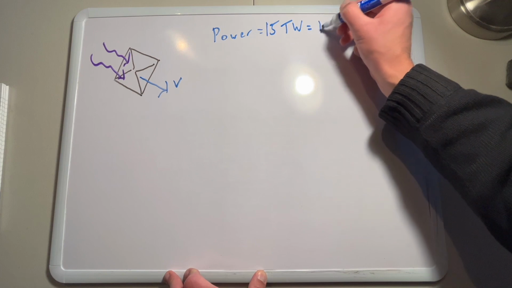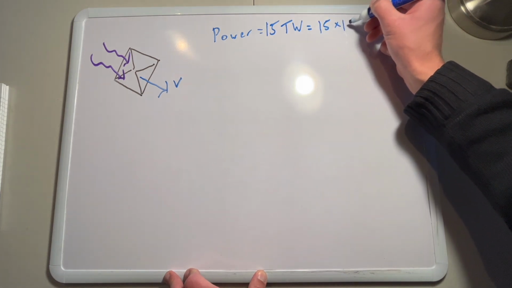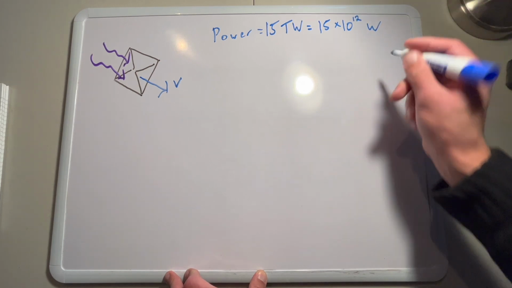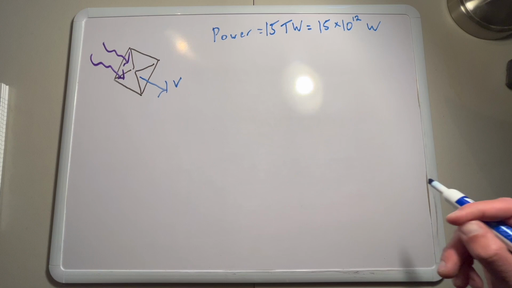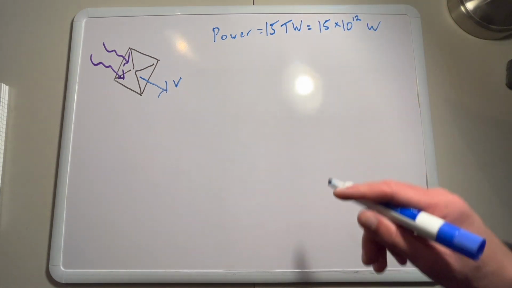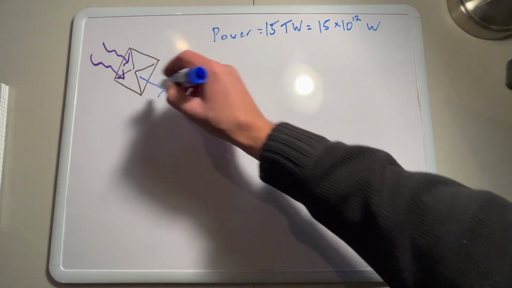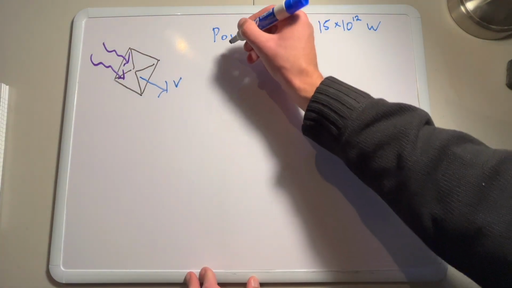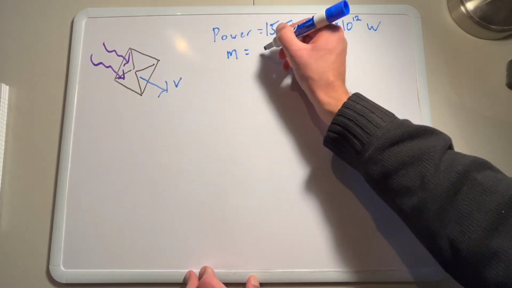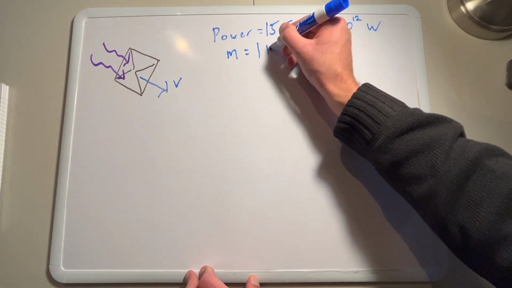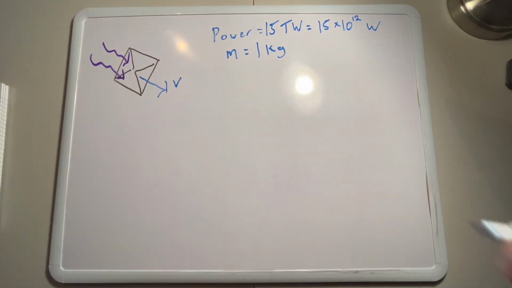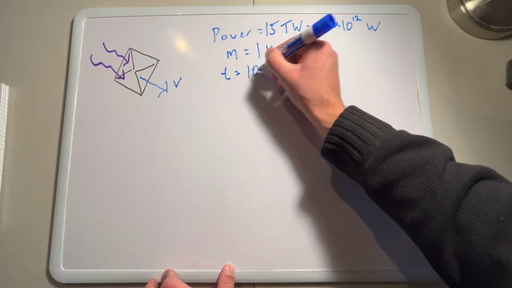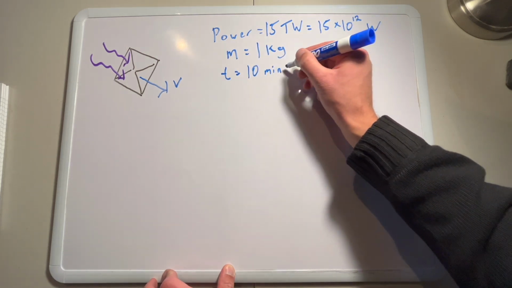So that is about 15 times 10 to the 12 watts over the course of those 10 minutes. So we know that, and we want to figure out how fast it's going to end up moving. Let's also say we know the mass of our solar sail. Let's say it is very light, nearly 1 kilogram. Then we also know the amount of time is going to be 10 minutes.